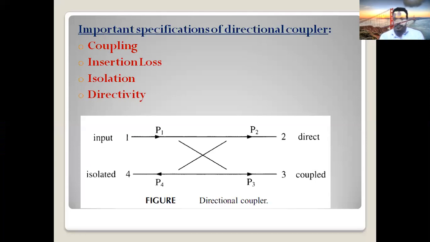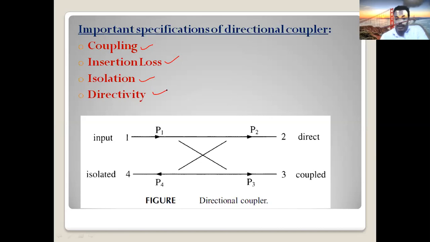In this lecture we'll see some examples on the important specifications of a directional coupler, and some applications of a directional coupler. As we have discussed, there are 4 specifications: coupling, insertion loss, isolation, and directivity.